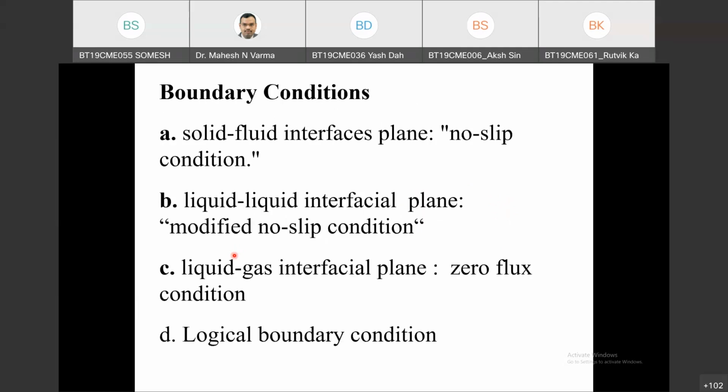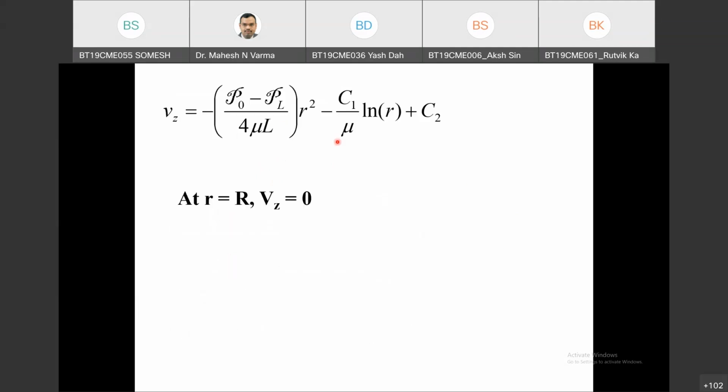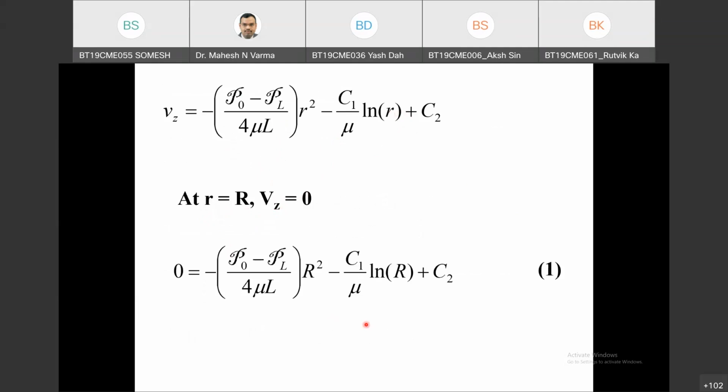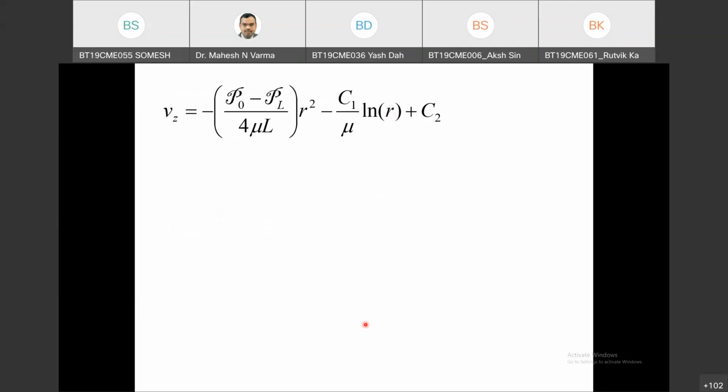Both are solid-fluid interface boundary conditions. At r equals capital R, velocity equals 0. If I substitute r equals capital R, this is the equation I get. Now at r equals kappa R, velocity equals 0.